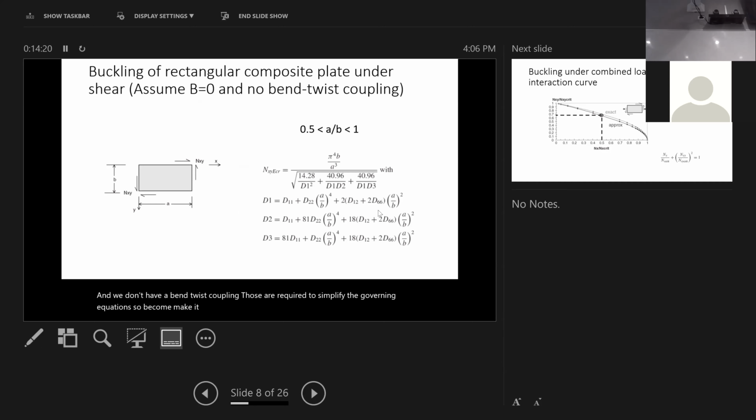Under those conditions, and for the range of a to b from half to 1, we have this solution. This is also a closed form solution that predicts the buckling load for this plate under shear load. You see, again, it's very similar to the Euler equation. It's pi squared D. It depends on D, which is basically the bending stiffness of the plate, and it depends on dimension.